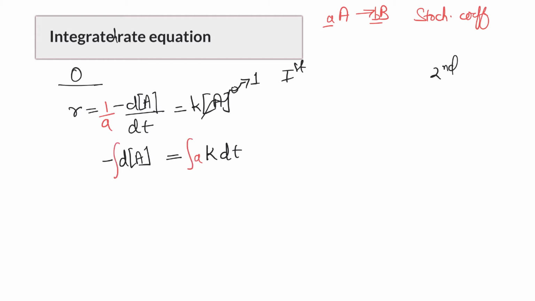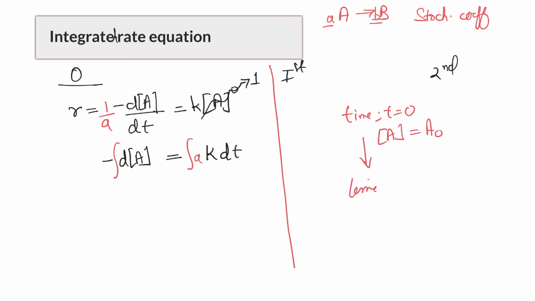For the limits, what should be the limits? Let's try to understand that. So, at time t equals 0, the concentration of A equals A0. The reaction proceeds to time t equals t, and the concentration of A at that point becomes At, right?